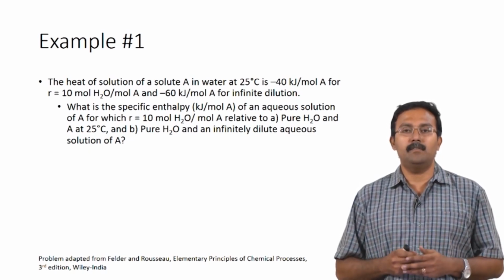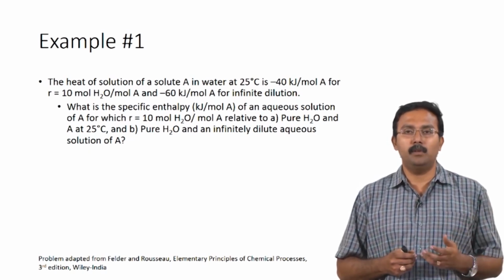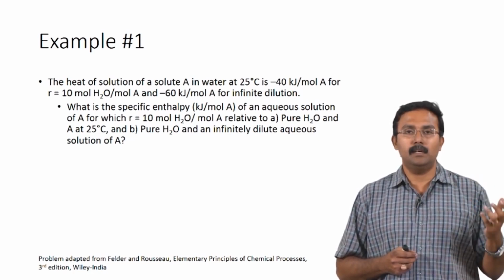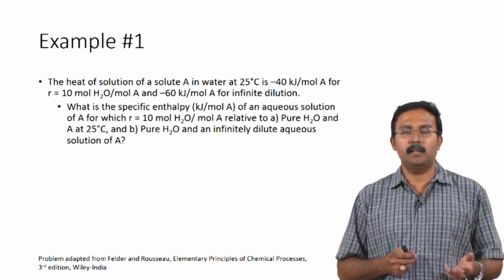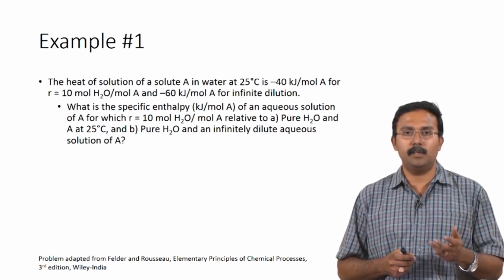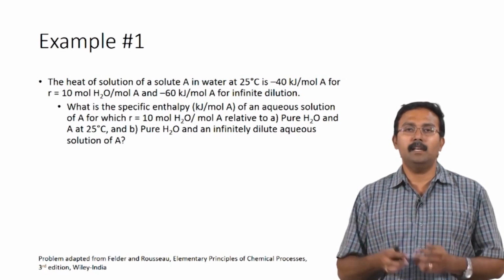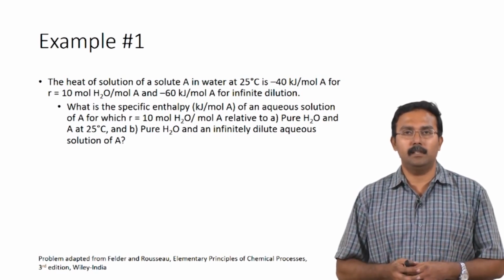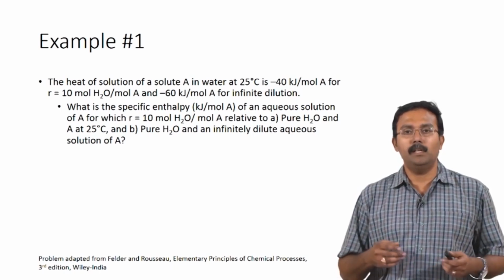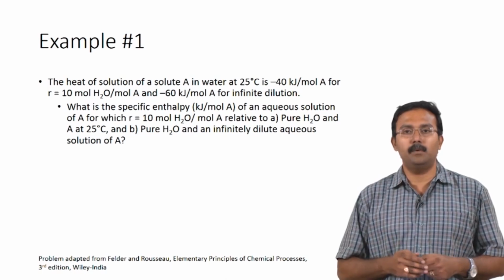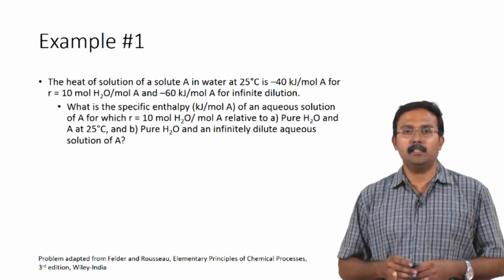So, what you have in the problem is the heat of solution given. One is the heat of solution using pure solute and solvent as the reference states, which is given to you with a particular R value, and you also have the infinite dilution heat of solution. Now, we need to calculate what the change in specific enthalpy would be for preparing such a solution.